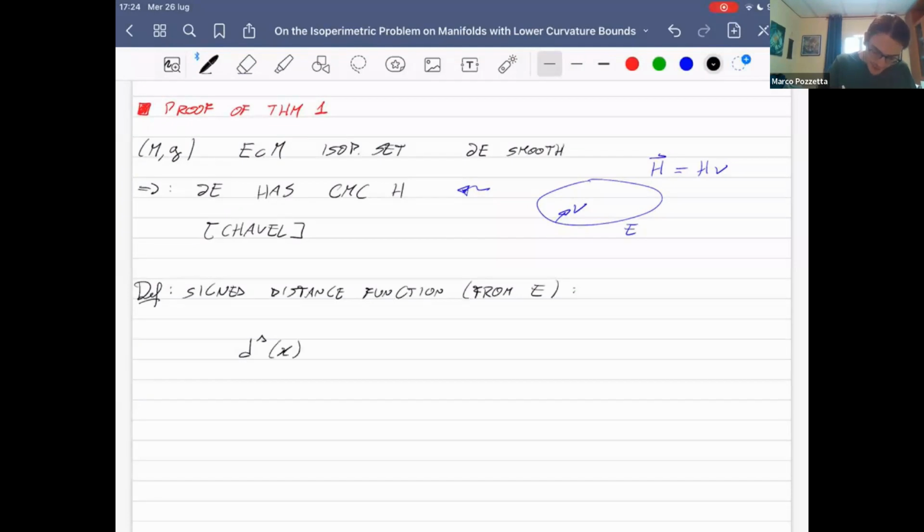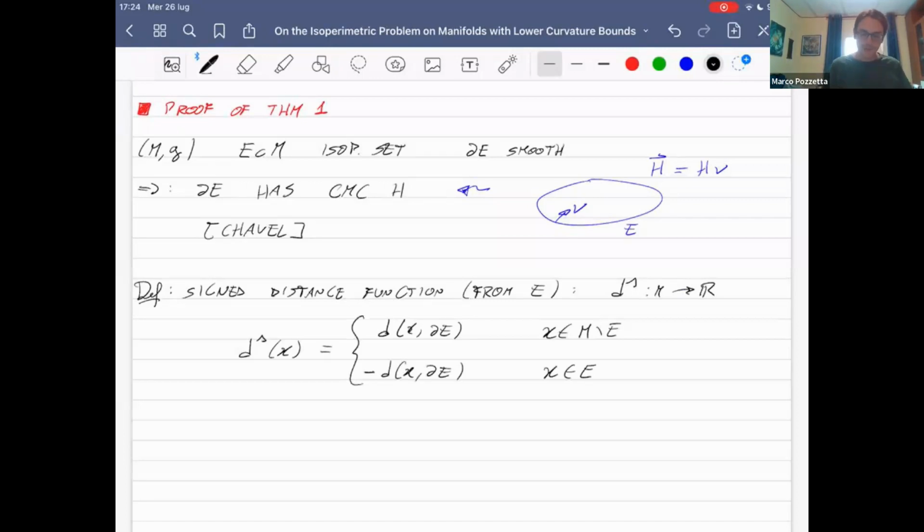The signed distance function is just the following: d_s at a point x. By the way, it is a function on the manifold into R, and d_s at a point x is equal to the distance of x from the boundary of E if x is outside, so in M minus E, while it is minus the distance from the boundary in case x is inside.